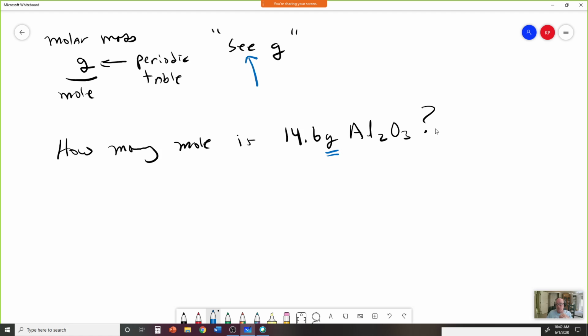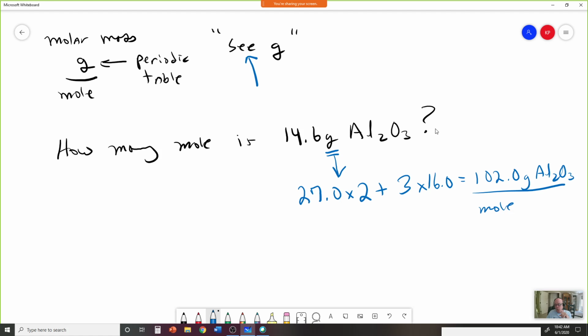Now, we need the molar mass of the aluminum oxide, and that is, of course, 27.0 times 2 plus 3 times 16.0. I'm getting these numbers off the periodic table, and it's 102.0 grams aluminum oxide for every mole aluminum oxide.